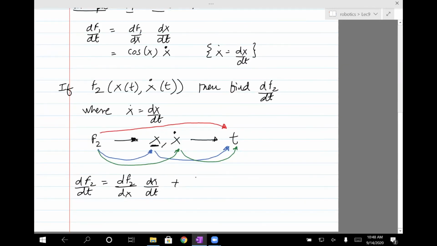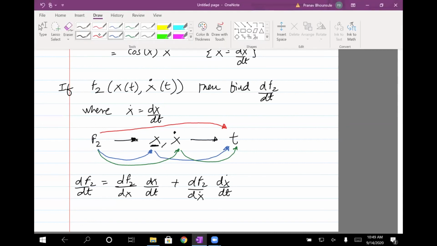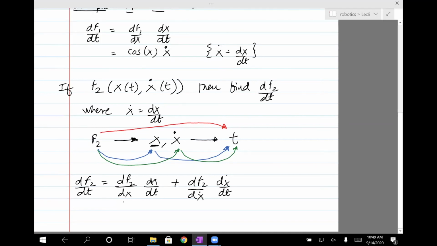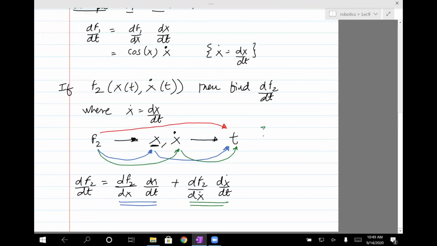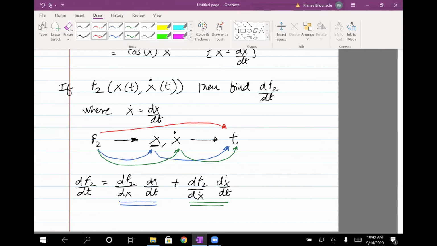And then we have df2/dx dot. Note it's dx dot because that's the second variable, times dx dot/dt. So that's the blue part, and that's the green part. So I think this pictorial representation is really a powerful way of figuring out the chain rule and then eventually finding the derivative.